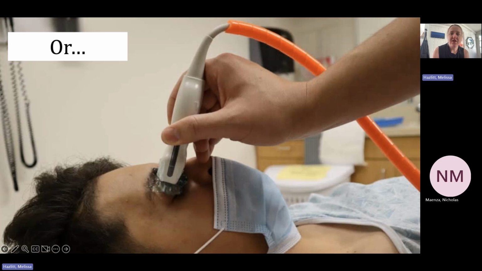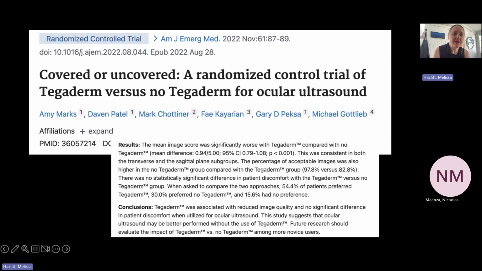And I also include this just to show that there's lots of things that you can study when you're considering what your research projects can be, since there was recently published in American Journal of Emergency Medicine a randomized control trial looking at covered versus uncovered, whether or not the Tegaderm leads to poor quality of your ultrasound images.